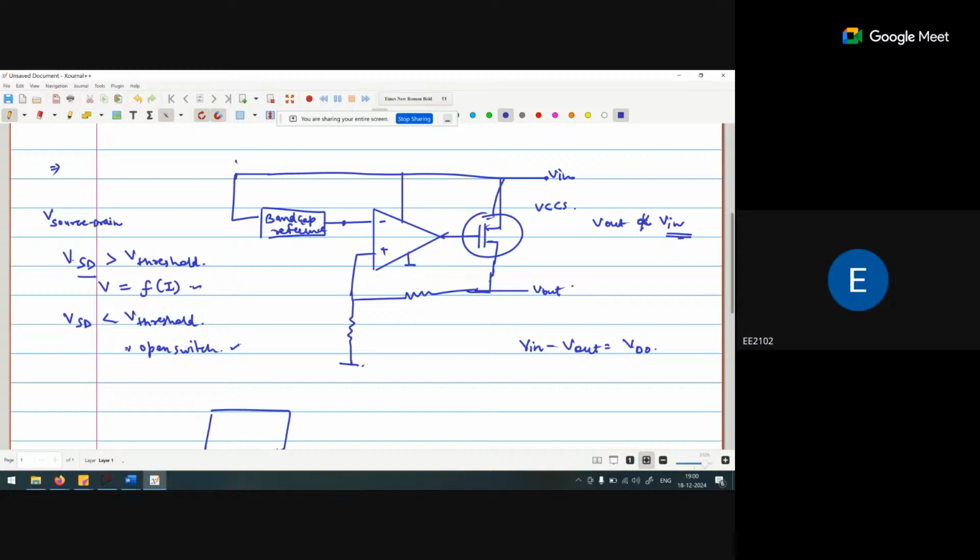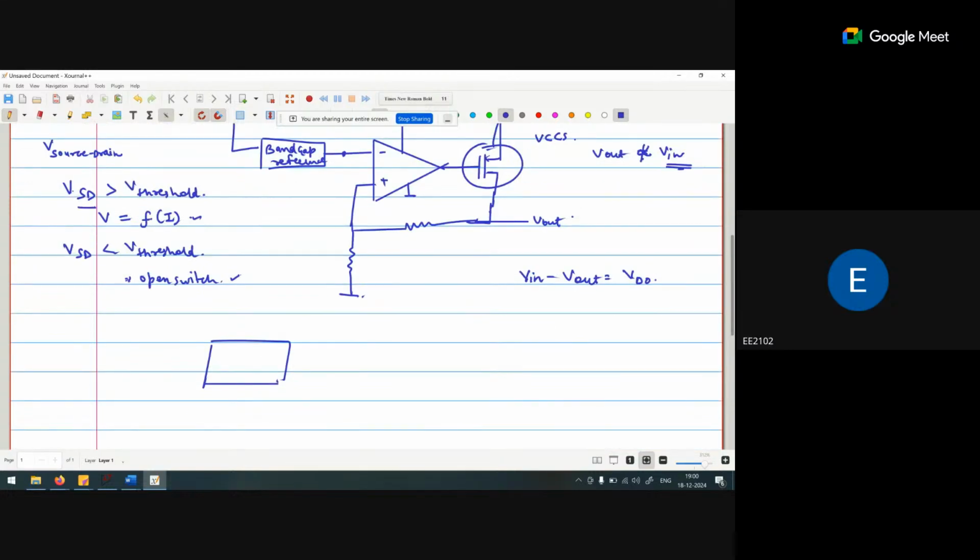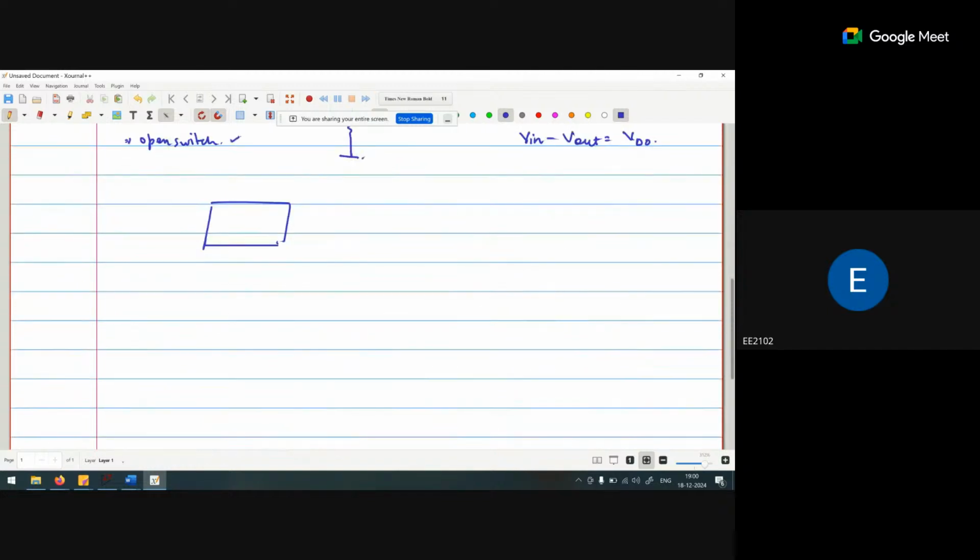As we already discussed, if we have a battery, V in is nothing but the battery voltage and V out is the regulator voltage. The difference between V in and V out is the low voltage drop.